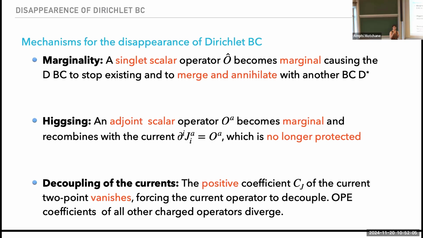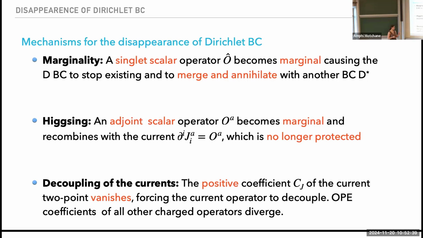This means that if an adjoint operator becomes marginal, it can recombine with the divergence of the current, meaning that the current is no longer protected, and so it can get an anomalous dimension, a large one for example, and so the problem of having a light colored state at the boundary is no longer there.